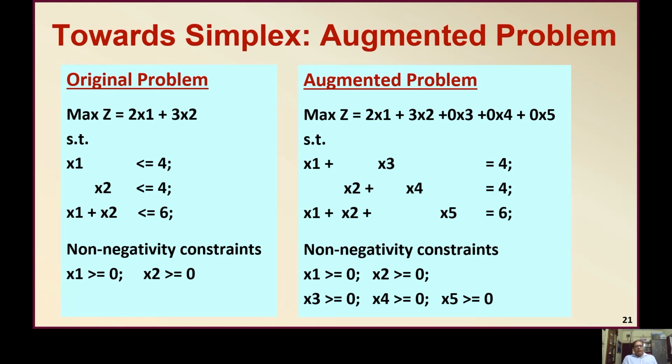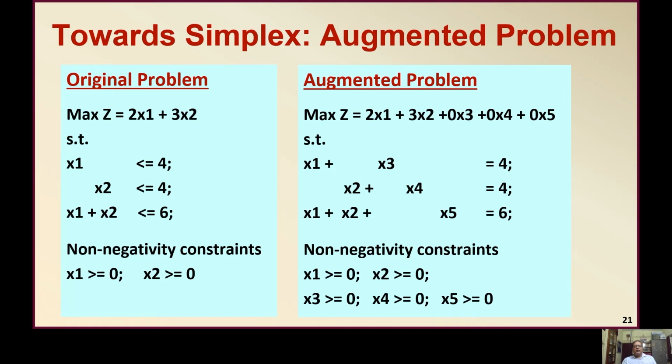What we are doing, we try to replace the less than or equal to constraints by equality constraints. To do that, we have to add more variables. So what exactly did we do? We have considered 3 more additional variables. Now, what are these 3 additional variables? x3, x4 and x5.